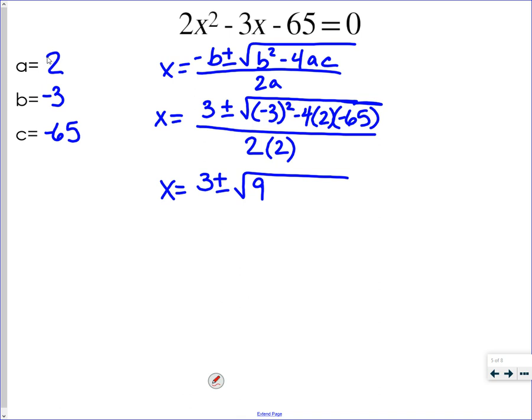Then I would look at this and say, especially when I've got something like a negative 65, I would do a keep, change right there. Because negative 4 times 2 would be a negative 8, and negative 8 times negative 65 is going to be a positive 520.